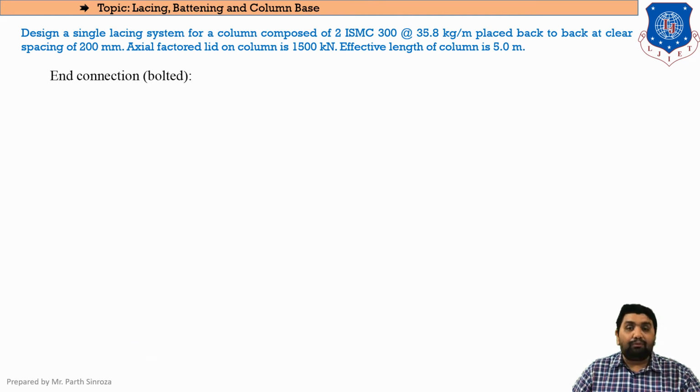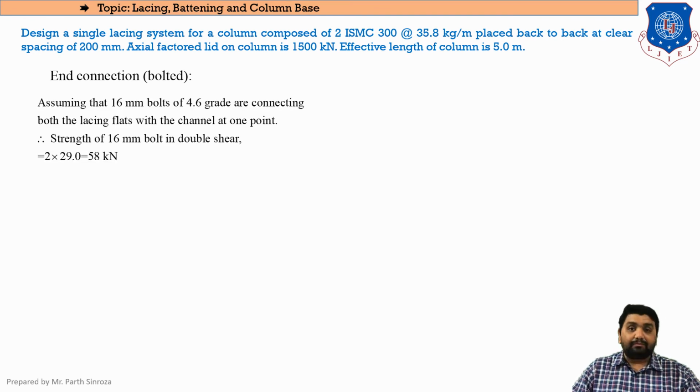Next thing will be to find the number of bolts, and to find the number of bolts we always find the bolt value, and for bolt value we always find two cases, that is the shear value and the bearing value. For the shear value, we won't be solving the equation for VDSB. We will always assume this data: for M16 bolts of 4.6 grade, the shear will be 29 for a single shear.